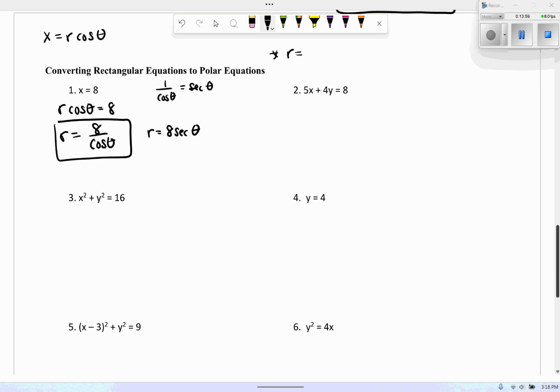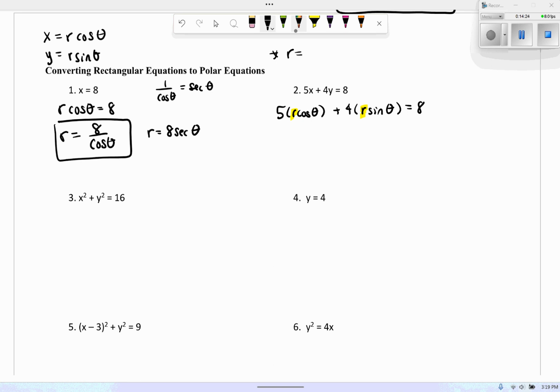Looking at question number 2, for this one, I have an x and a y. So remember, y is equal to r sine theta. So we're going to take out the x and replace it with r cosine theta, and take out the y and replace it with r sine theta. And remember, we're trying to solve for r equals, and we have r in both of these terms.